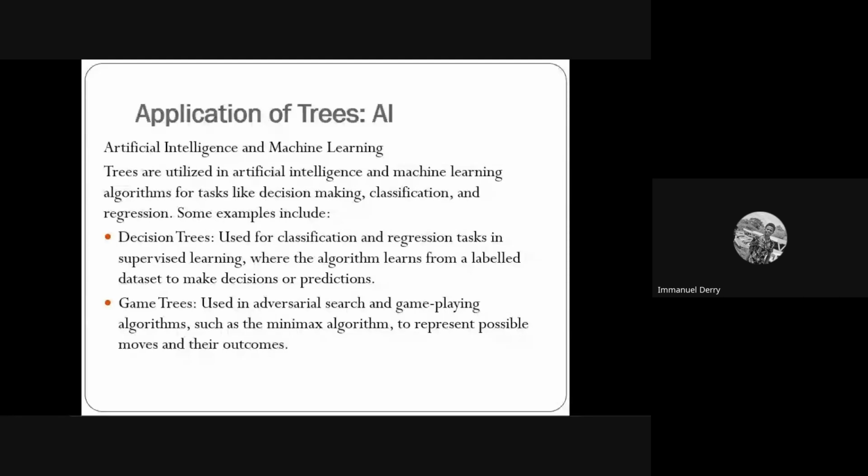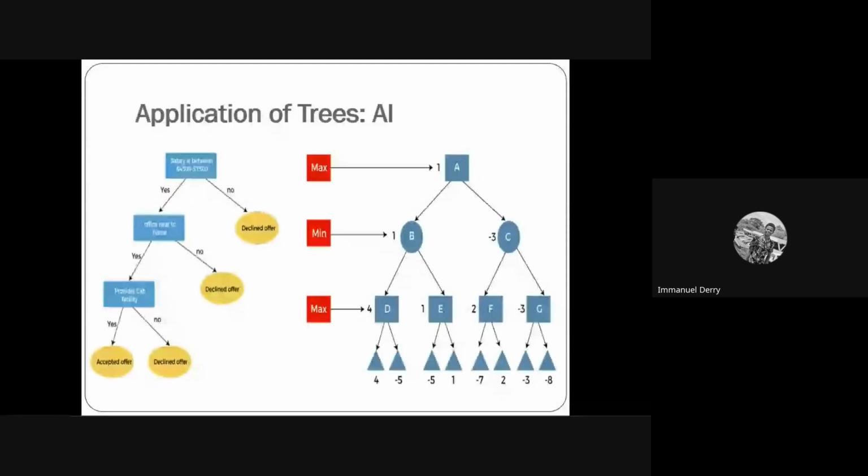So in a similar fashion for artificial intelligence, this is how we can model a tree. So assuming you apply for a job, you can write an algorithm more like this in the form of a tree. So salary is between $4,500 to $7,500. Then you can build a tree out of it.